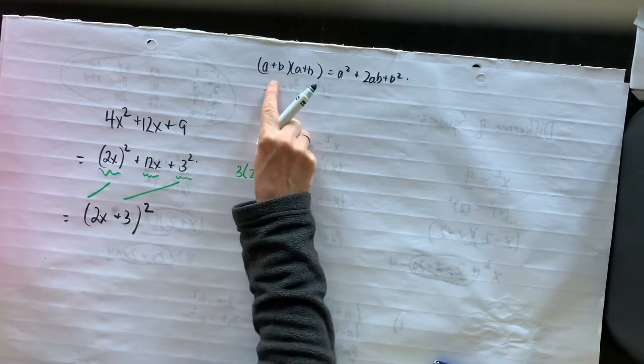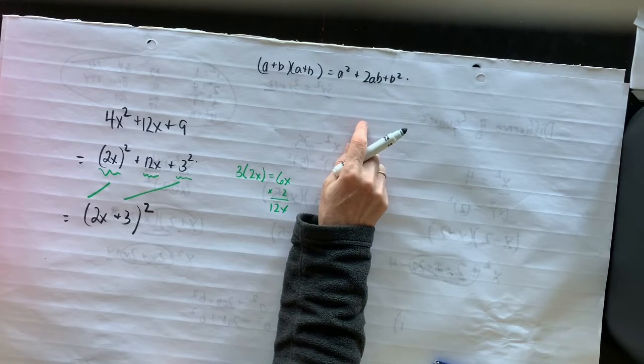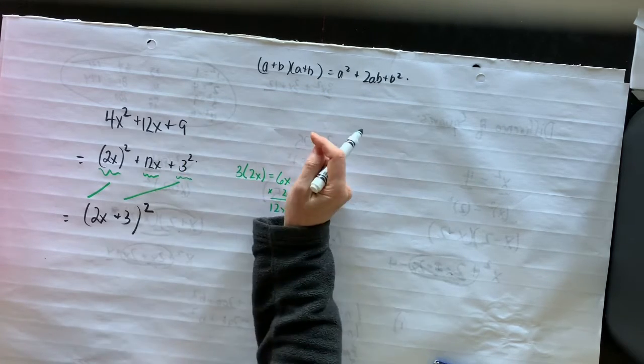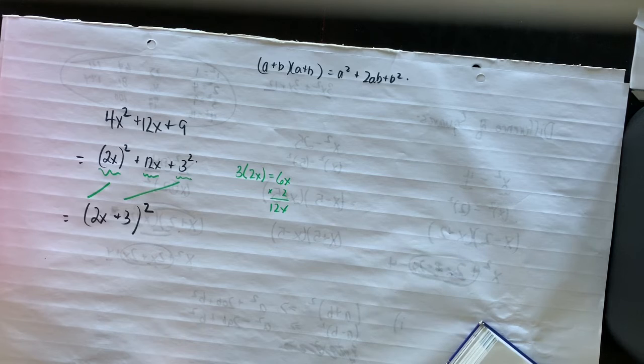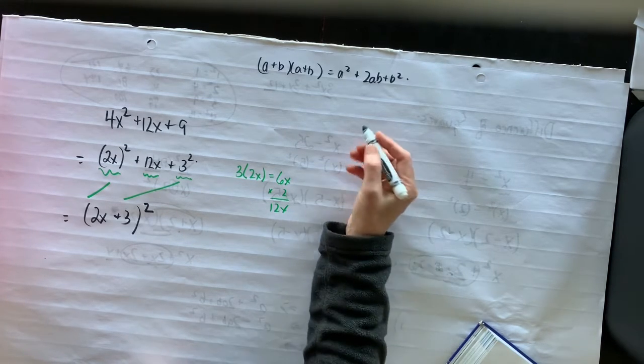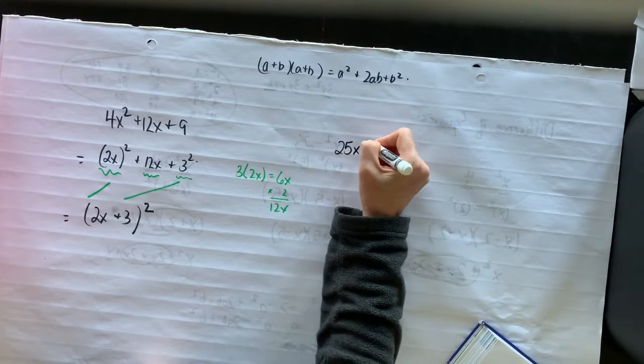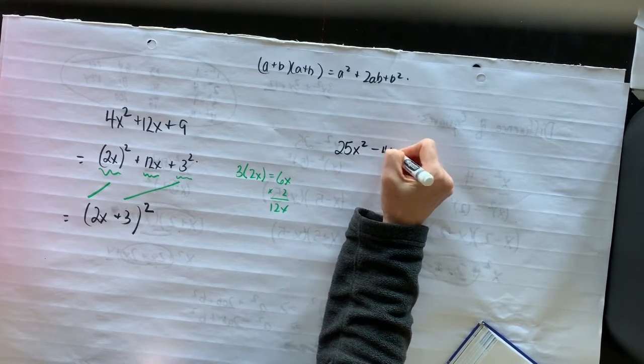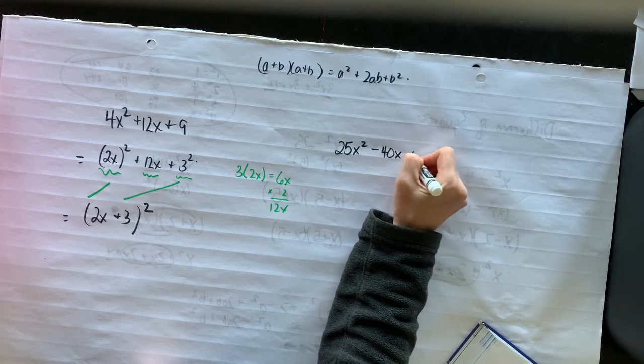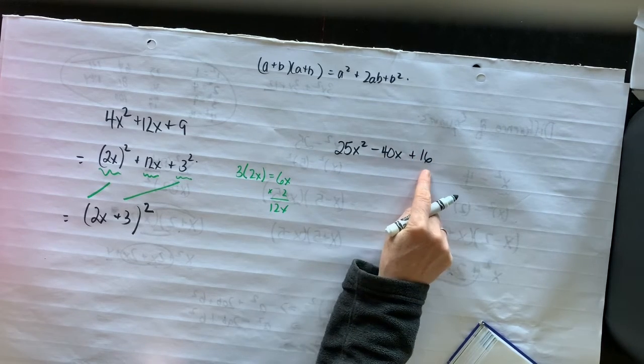I've used the pattern that we established before to see that this does follow that same pattern. So these are a little bit harder, and it does take lots of practice to get there. Here's another example that they have, 25x squared minus 40x plus 16. First of all, I try to pull out a common factor.